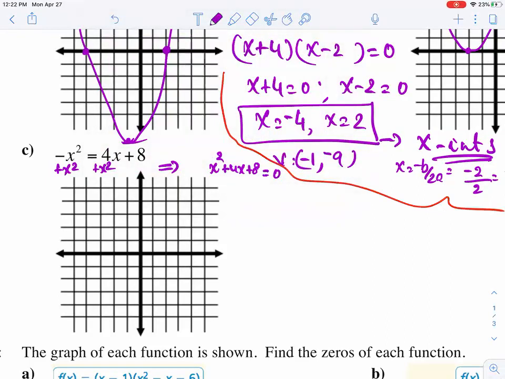So you're taking the negative x squared to the other side and making that side 0. It doesn't matter which side you make 0, but I thought we could make the negative x squared a positive one.